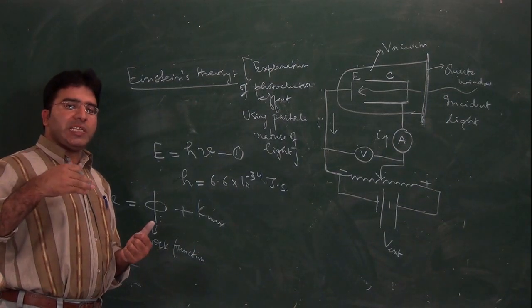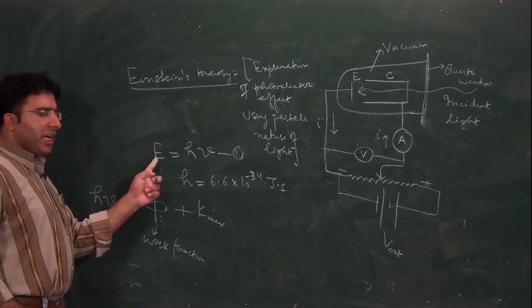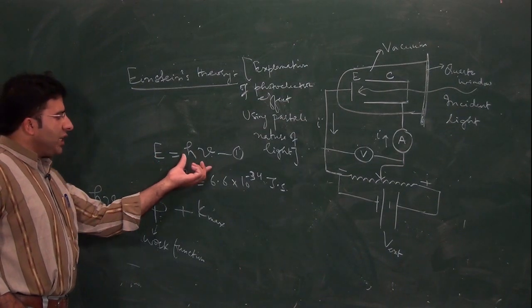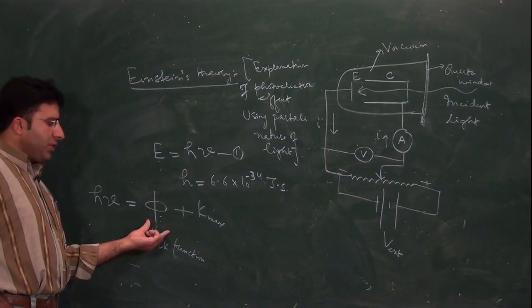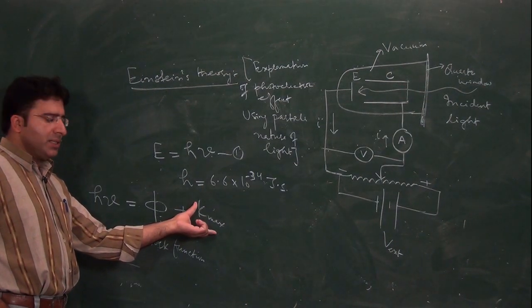So if you are increasing the intensity, keeping frequency fixed, you are not changing the energy content of the photon. If you are not changing the energy content of the photon, for a given metal surface the work function will be fixed, therefore you are not changing the Kmax.